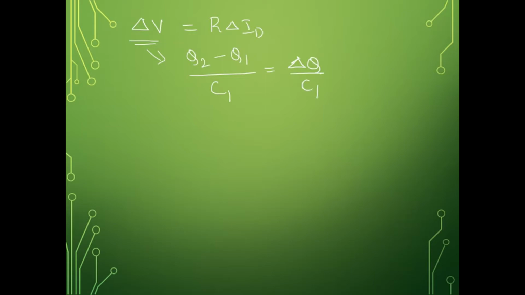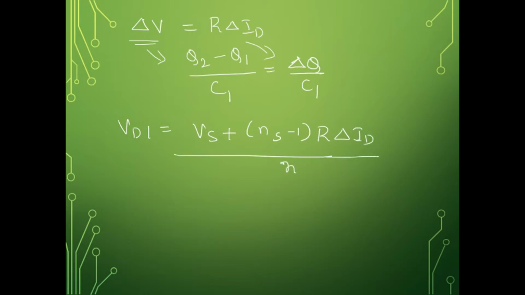What expression had we obtained? We had obtained VD1 is equal to Vs plus Ns minus 1 into R into delta ID divided by Ns. This is what we had obtained, right?